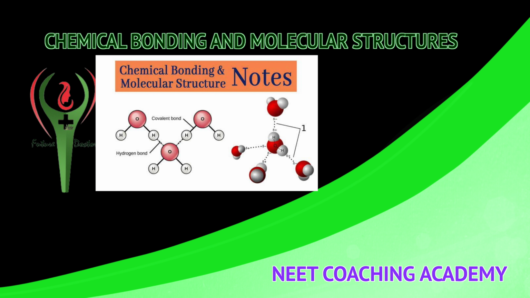So now we are going to look into Fajan's rule. According to Fajan's rule, no bond is 100% ionic or covalent. If you take a purely covalent compound or a purely ionic compound, the bond is not 100% covalent nor 100% ionic. So to predict the nature of the bond formed, Fajan introduced some empirical rules.